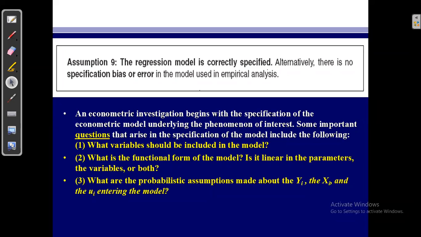If the model satisfies some of the requirements of a good model, then you should be happy with that.